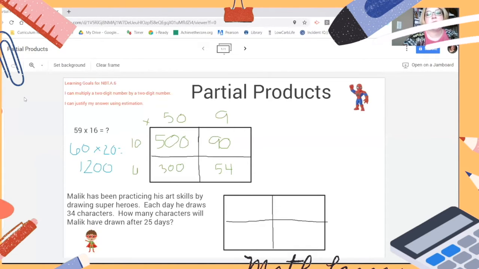So in this case, we're going to add 500, and we're going to add 300. I want to keep my place values lined up so that it is easier for me to add 90 and 54.